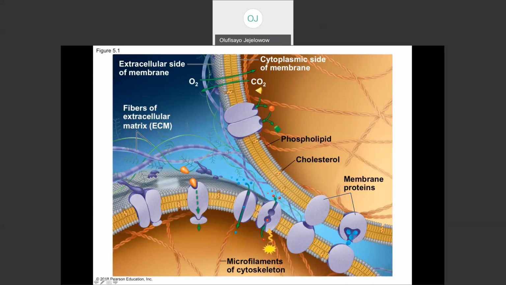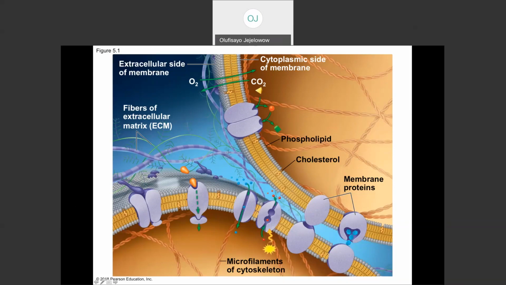So this is the phosphate head, fatty acid tail, phosphate head, fatty acid tail. So this is one layer, this is the second layer, and so we have a bilayer of phospholipid.